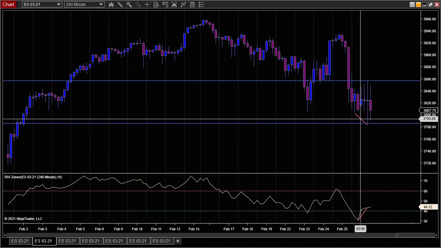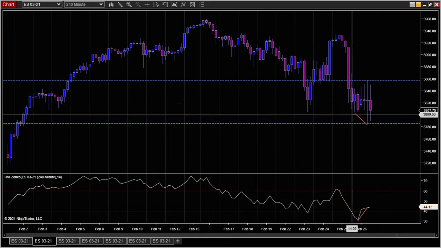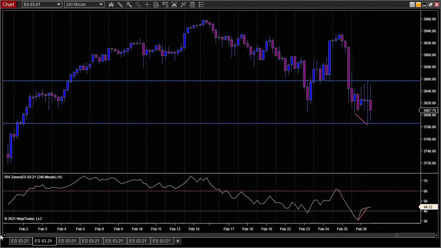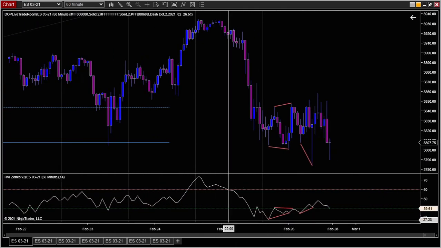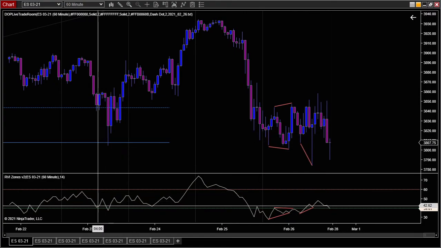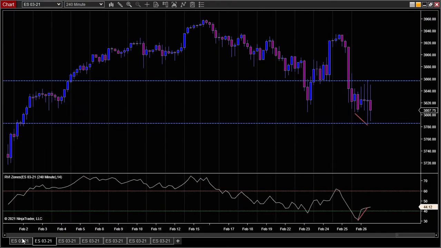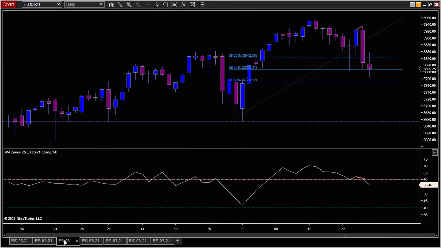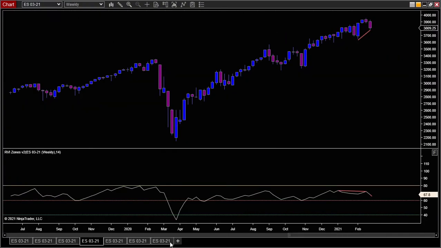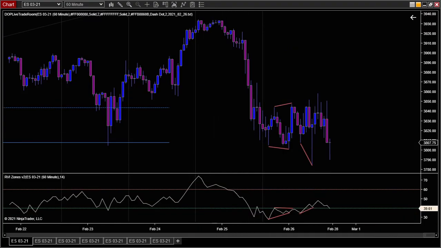So we're going to have to watch these shorter time frames in comparison to the daily, weekly and monthly. The 60-minute, again, nothing too clear at the moment. So pretty much from the 4-hour down, it's going to look ambivalent. From the weekly and up, we still look bullish.